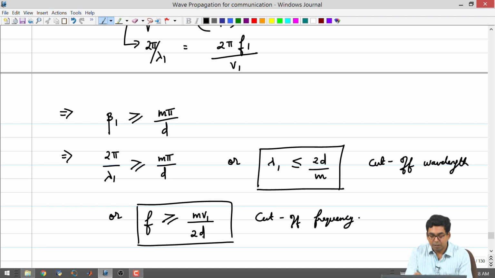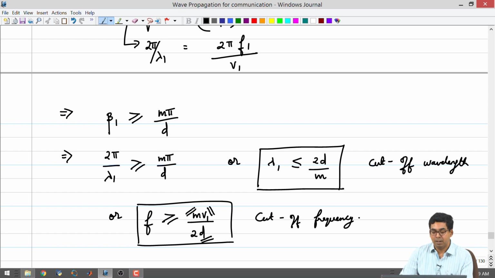For a given choice of d, enclosing a medium with velocity v1, for a choice of the electric field profile m, there exists a minimum frequency. Only above this minimum frequency you will not have exponential decay of your fields and the fields will survive.